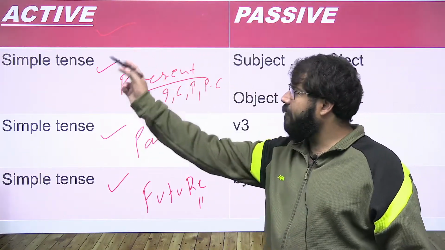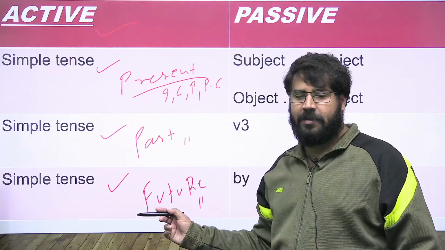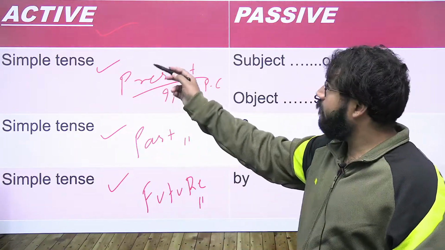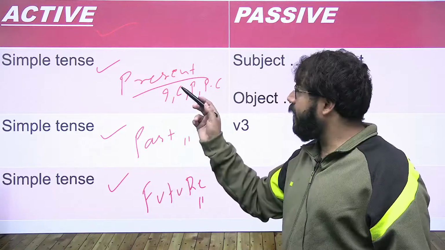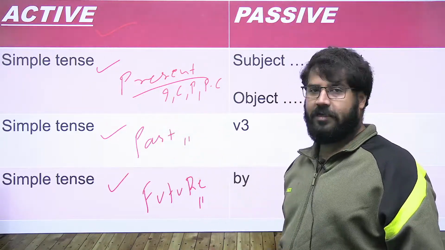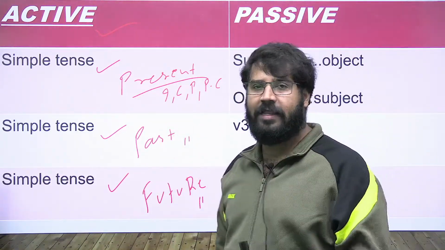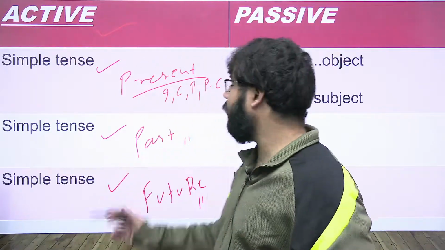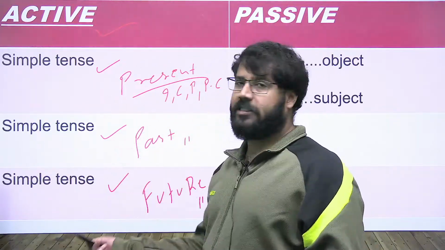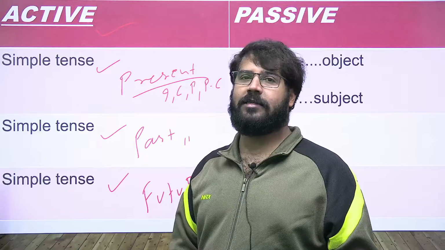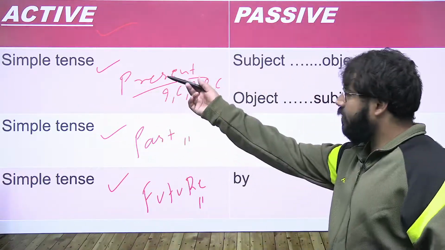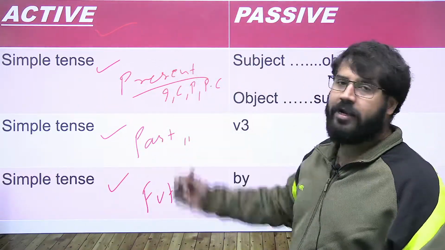Active voice can be recognized very easily by the rules of the tense. Whenever you read a sentence and find that it is given in tense form, it can be any tense amongst the 12 tenses. It can be written in any form. This is called active voice.